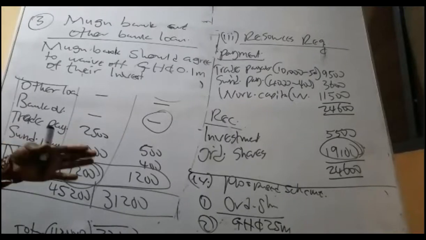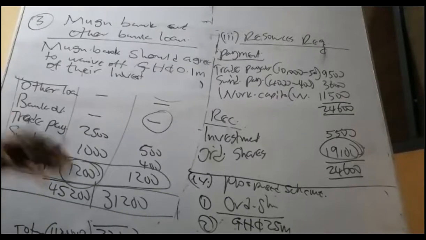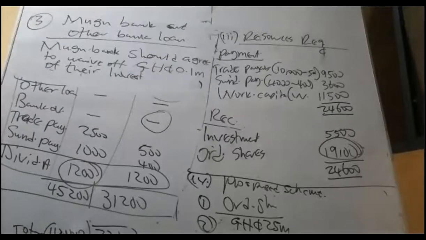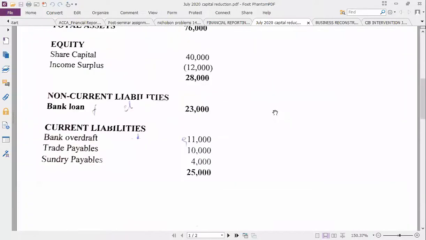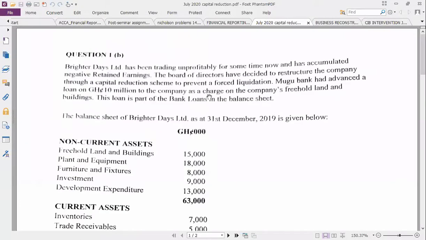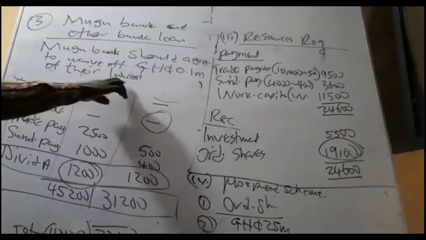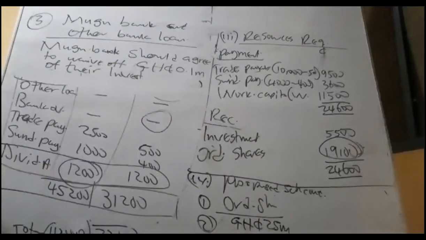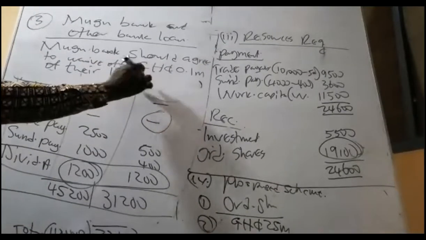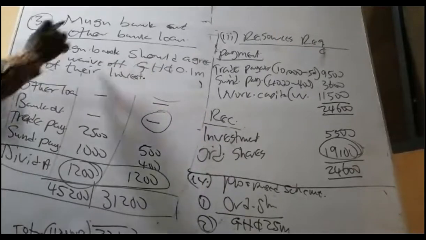So we tell them that the remaining balance is secured on land and building, the company's land and building. You can go ahead and tell them the remaining balance should be secured on the land and building. Then there's other loan.